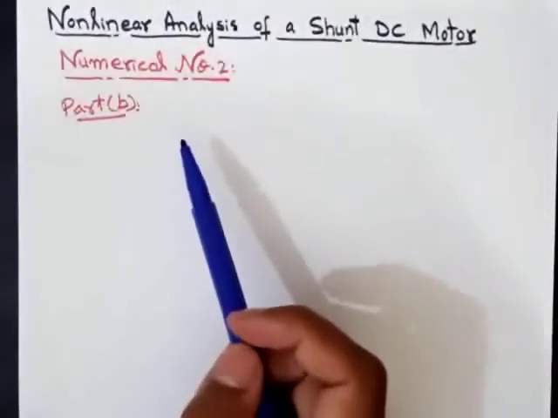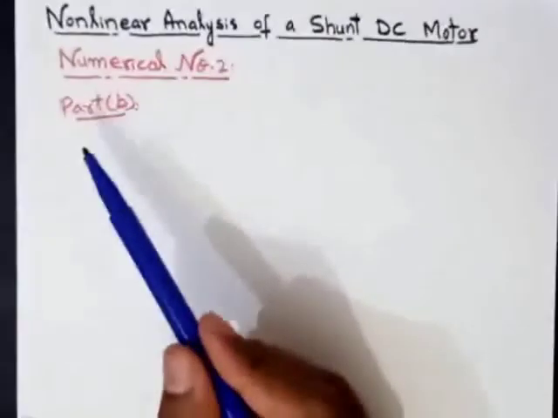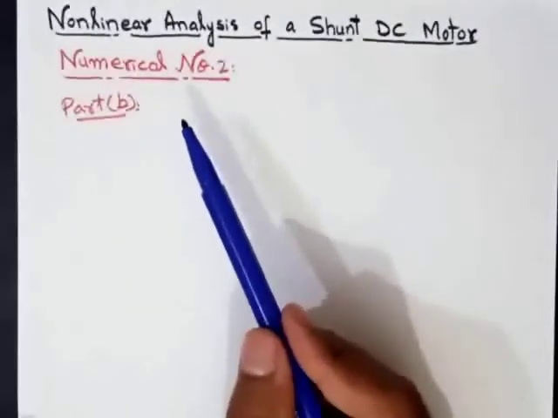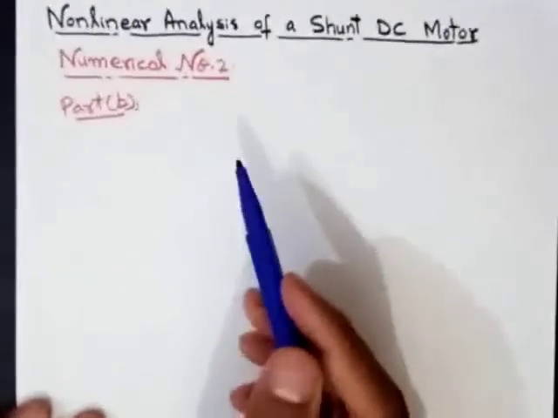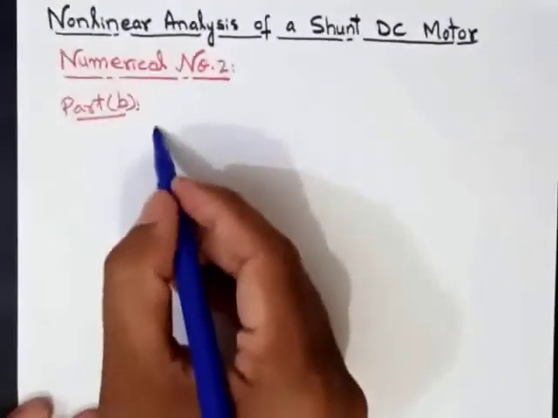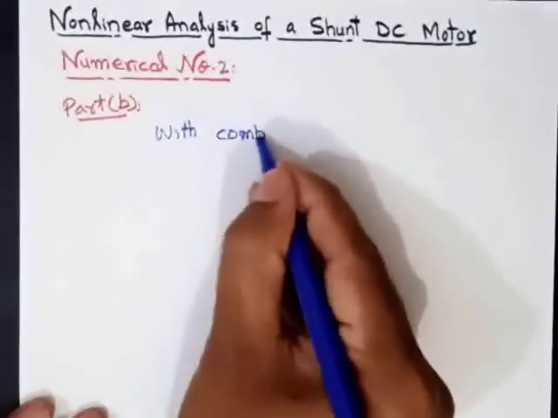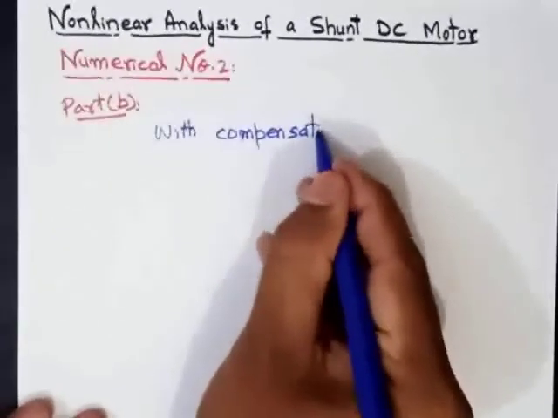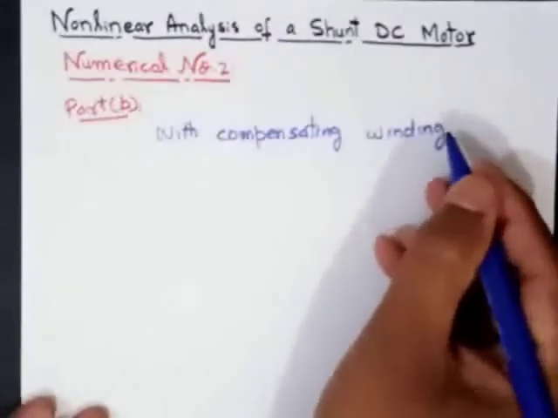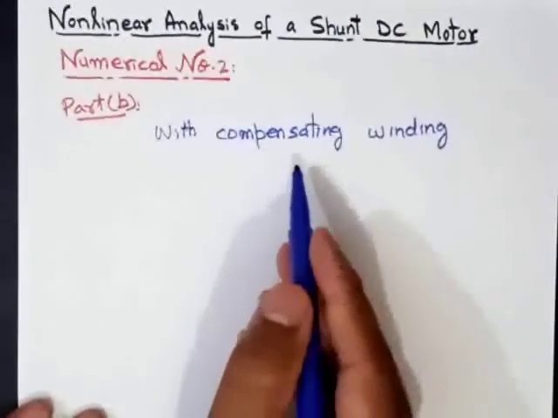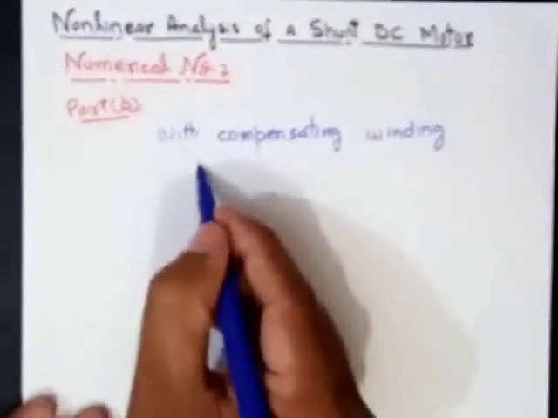It means we want to do the comparison between the speed without compensating winding and with compensating winding. As we have already calculated in numerical number 1, with compensating winding, the speed of the DC shunt motor is equal to 1144 revolution per minute.